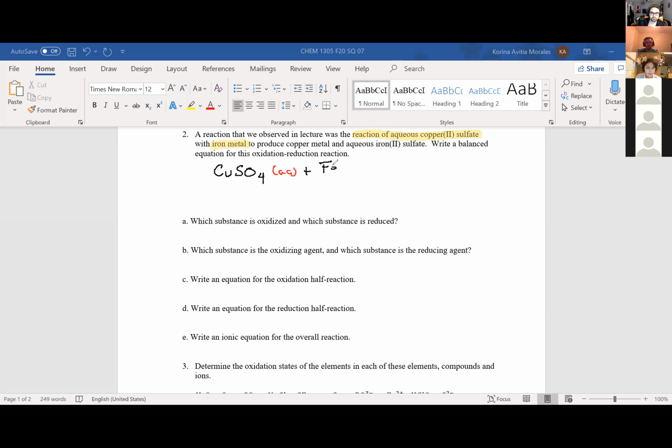In what state? Not what charge, what state? Solid, right? So this reacts to produce copper metal and aqueous iron 2 sulfate. So how do we write that?